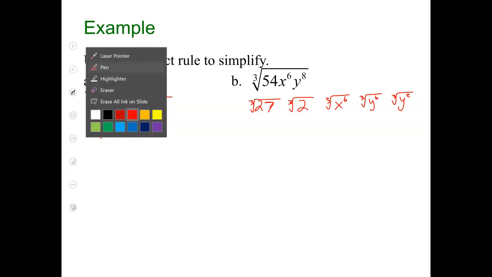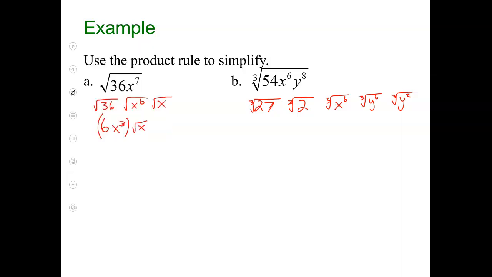All right, so let's start with 27. Cube root of 27, 3. I can't cube root 2. Cube root of x to the 6th, x squared. Cube root of y to the 6th, y squared.